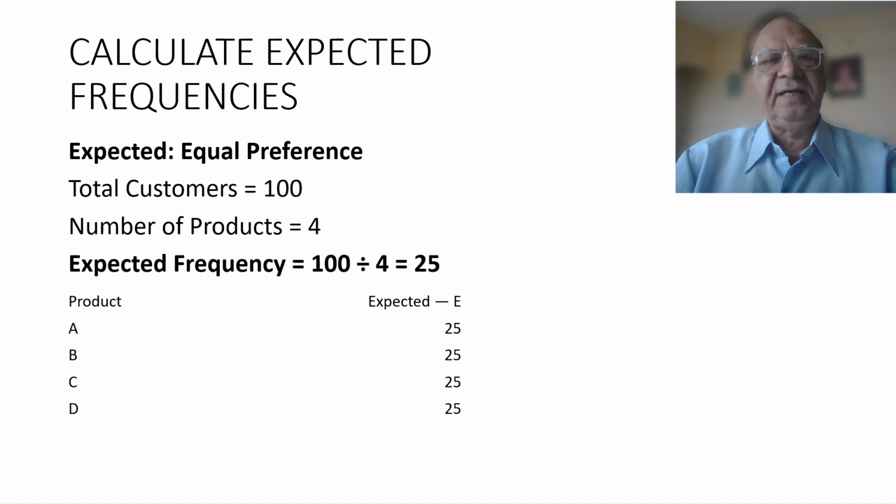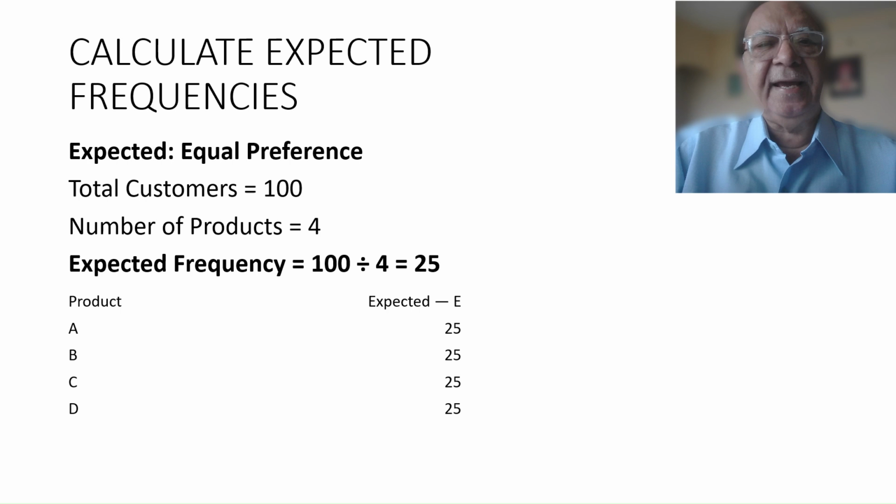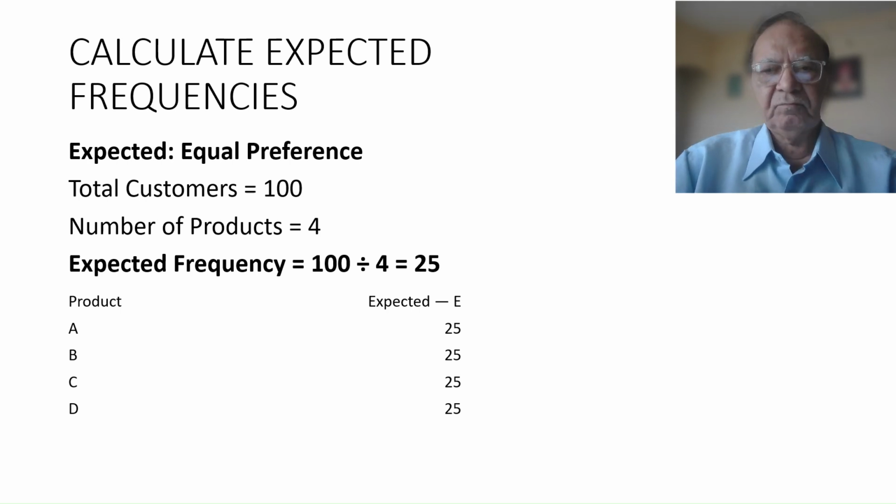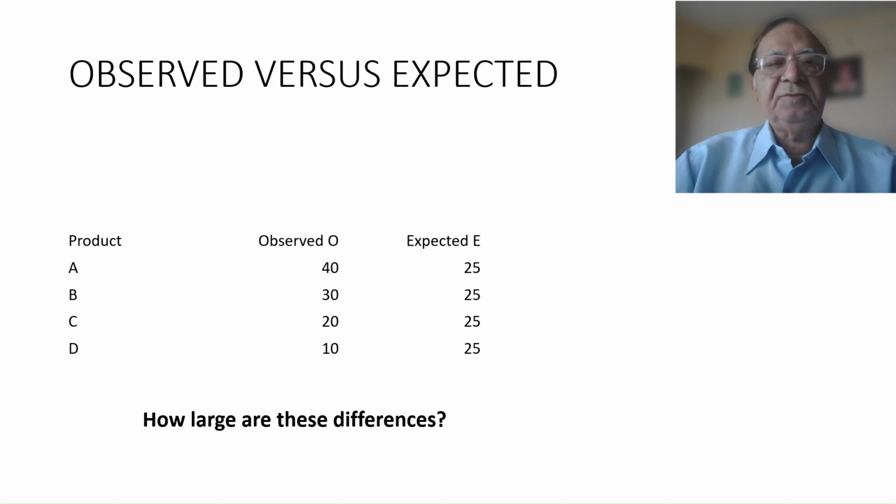So the expected frequency for product A is 25. For product B, 25, for product C, 25, and product D, 25. Please remember, expected frequencies come from the null hypothesis or from a theoretical specified distribution.